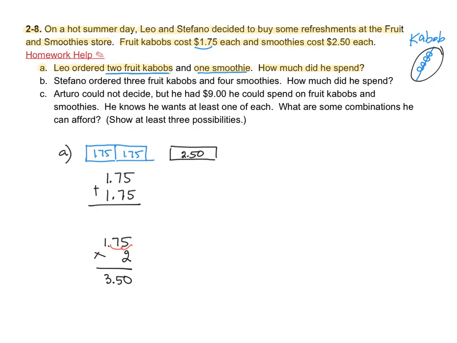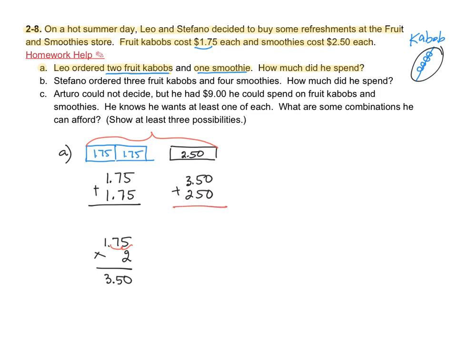Now he also is paying for 1 smoothie, so we're gonna be adding the $3.50 plus the $2.50. So if I look at the diagram, I want to know how much is all together from beginning to end. So go ahead and add that on your own.